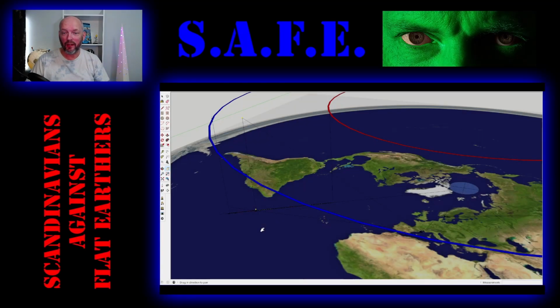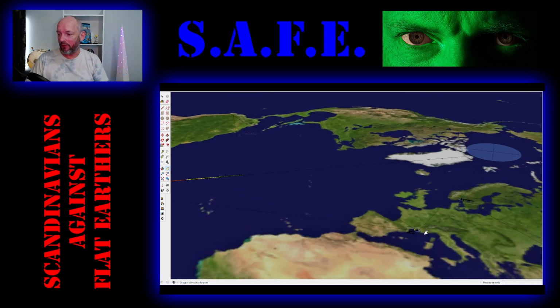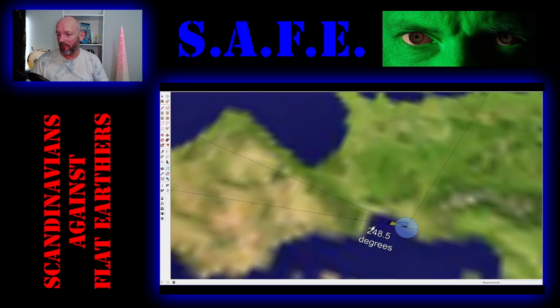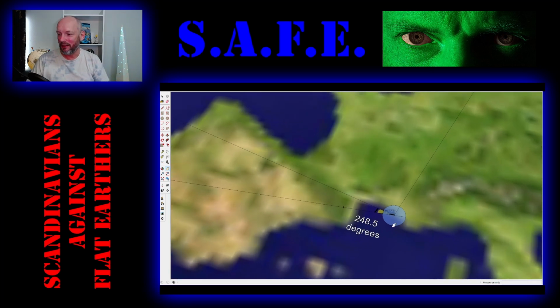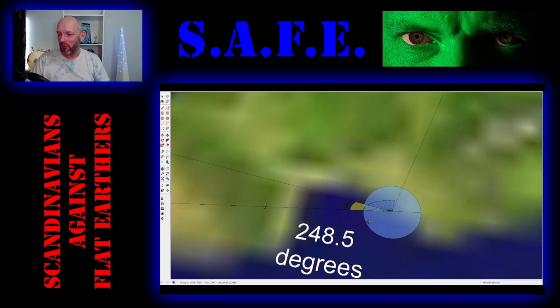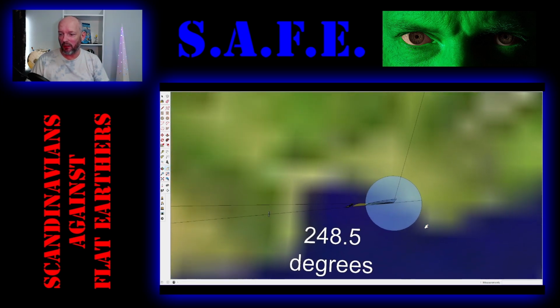However, if we take this to the flat Earth model, and I'm using the flat Earth model because this is the most used one, the one we see all the time. As you can see, it's really bad graphics, but we don't need any better. So this is the observer, and here is the Mount Canigou.